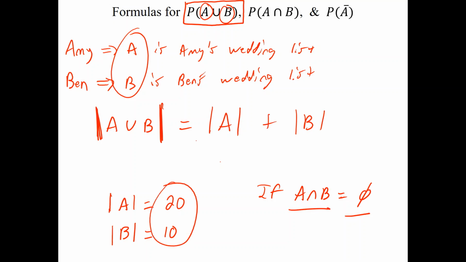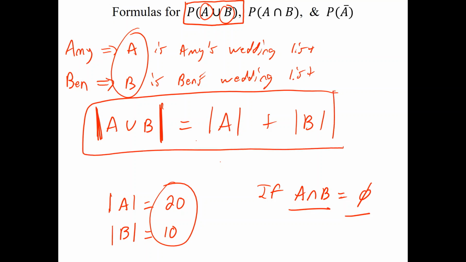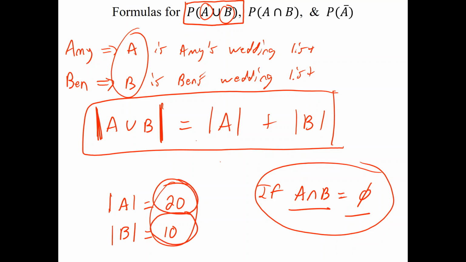This formula is only true if the events are disjoint, if there's nothing on both. So one more time, if you take 2 lists, one list has 20 things on it, the other list has 10 things on it, and you union them and make one master list, how many things are on the master list? Well, it would be 30. You'd add how many are in each list, as long as the events are disjoint, as long as there's no overlap in the events.